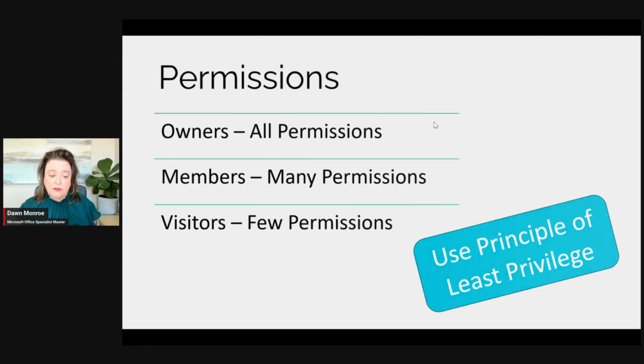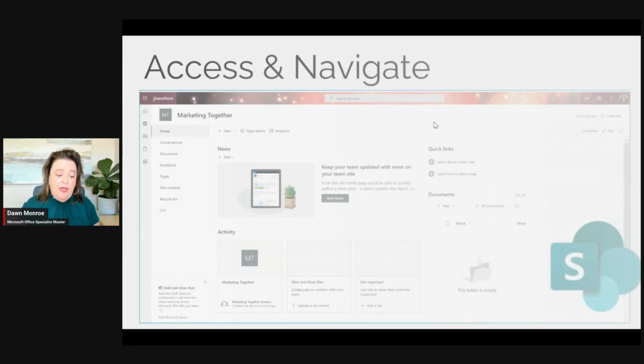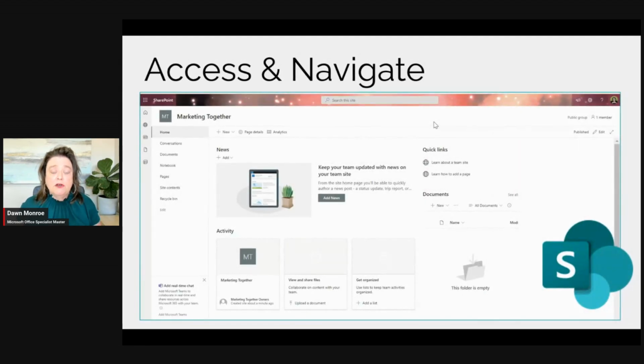What does SharePoint look like and how do you even get there? So first of all, I said you need a 365 account. So that means you're logging into the internet, you're signed in as you on your work or school account.